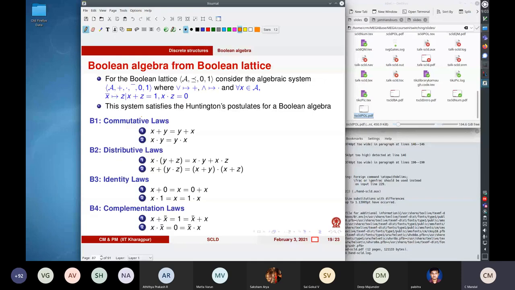So we are considering Boolean algebra, and what we are doing is the join operation is mapped to plus. The meet operation is mapped to dot. This plus is often called OR. The dot is often called AND. And this is for all elements in A.